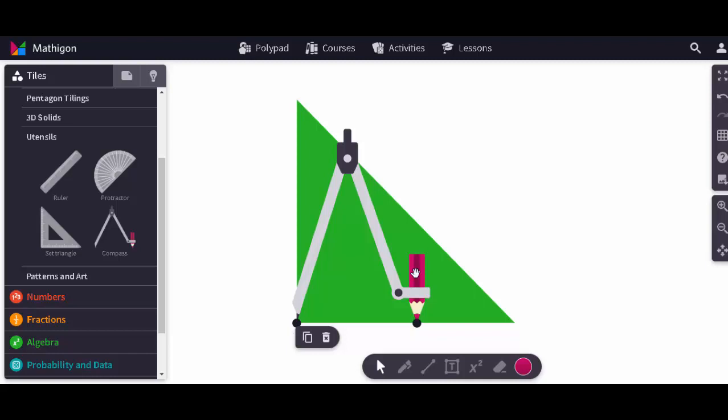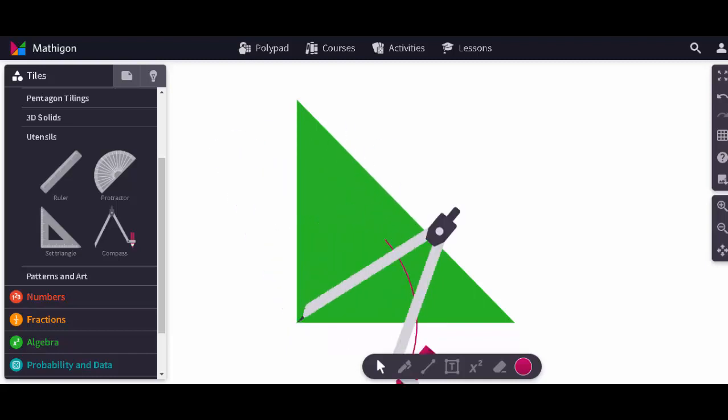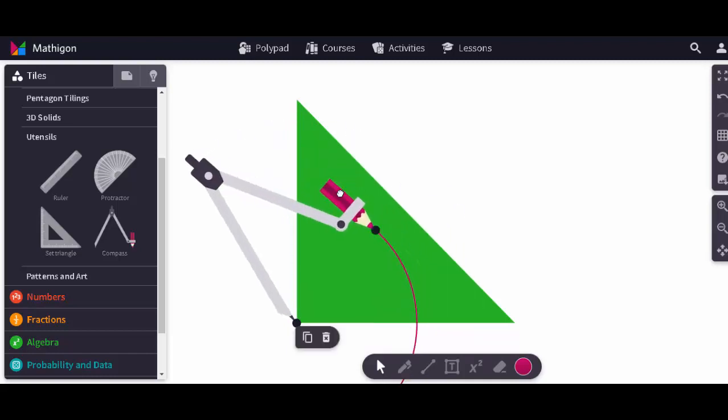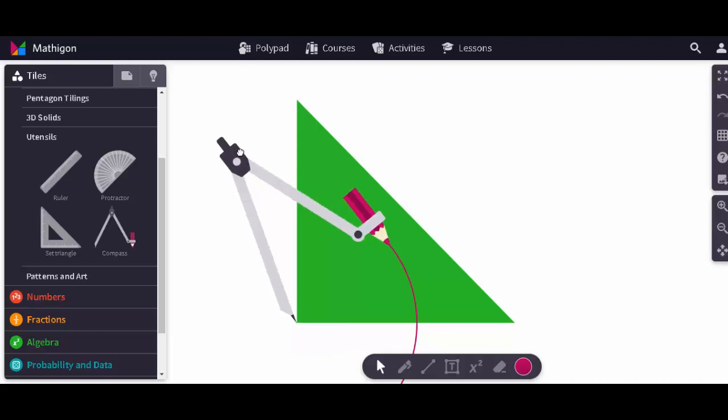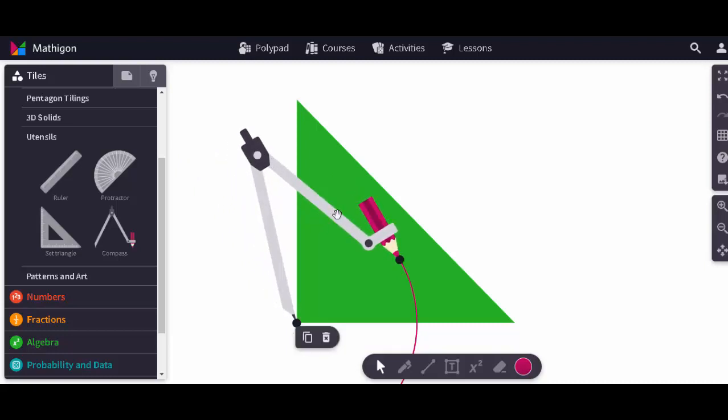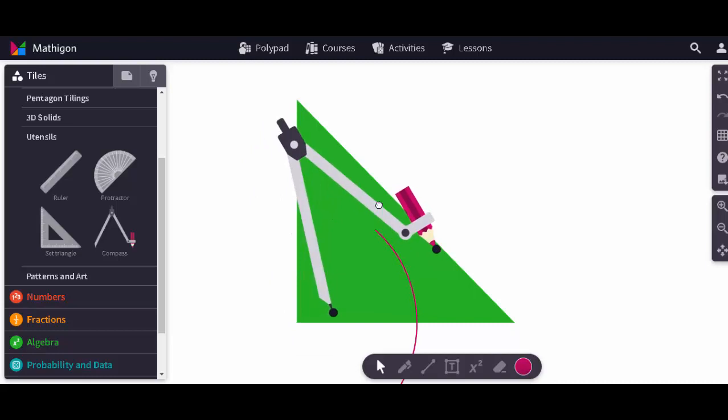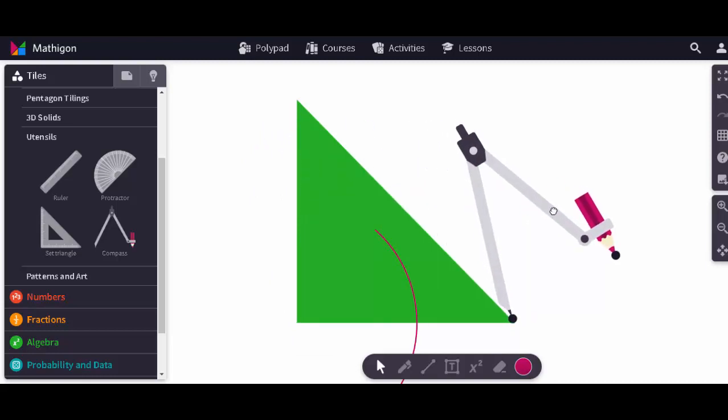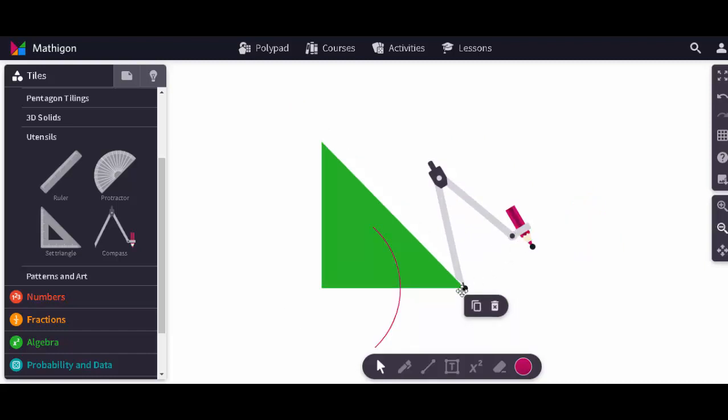Then you're going to make an arc like that. Now don't change the opening on the compass. Leave it open the same amount and put it on the other corner on that side. We're not going to touch how open this compass is.